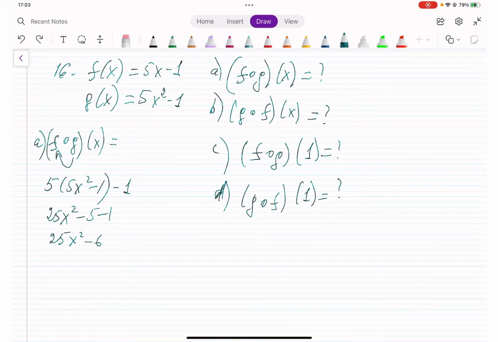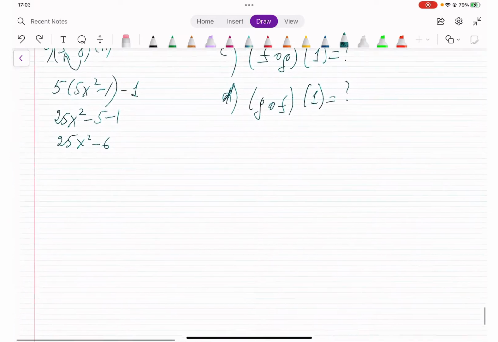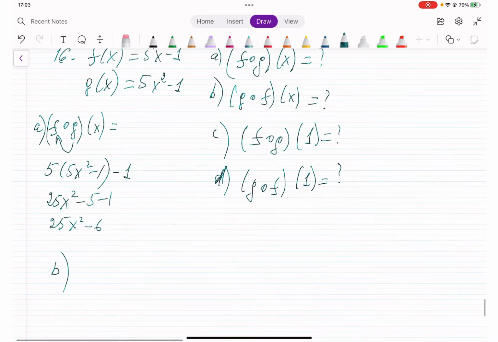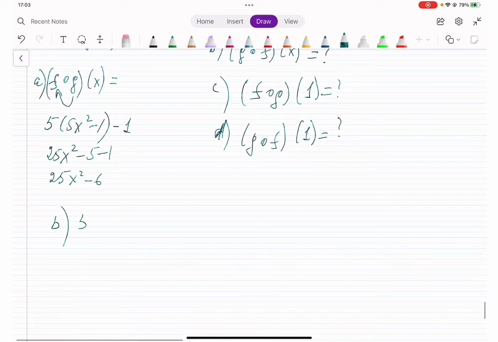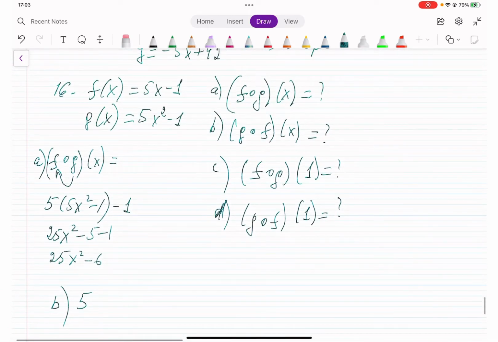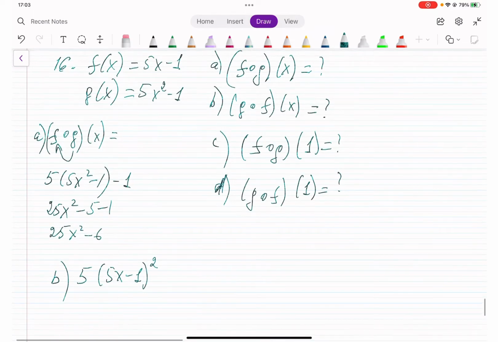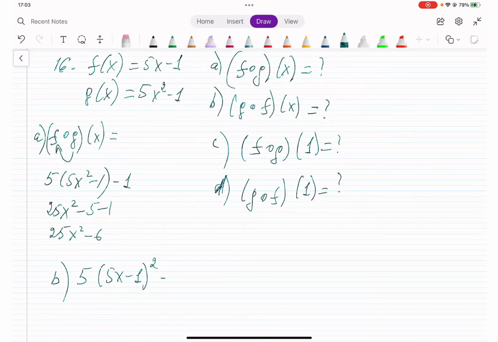Okay, so B. So I have 5x squared, 5, and instead of x squared, I'm plugging (5x minus 1) squared, and minus 1. So this 5x minus 1, I plug into this x, and it's squared. All right? So let's do it.